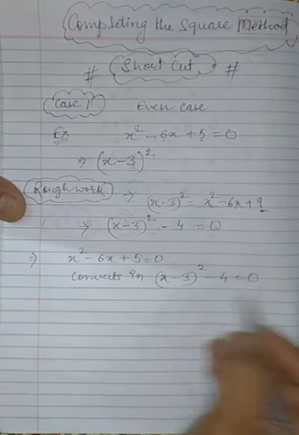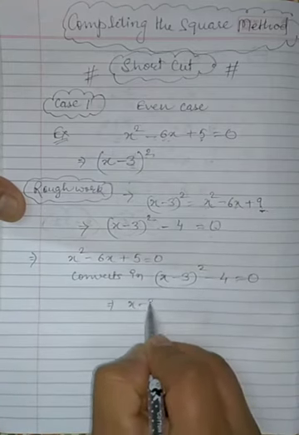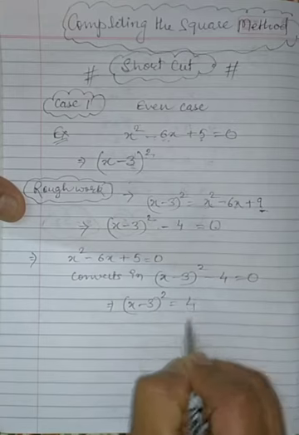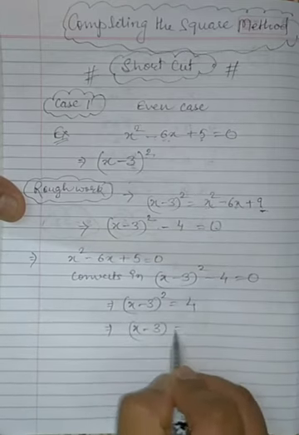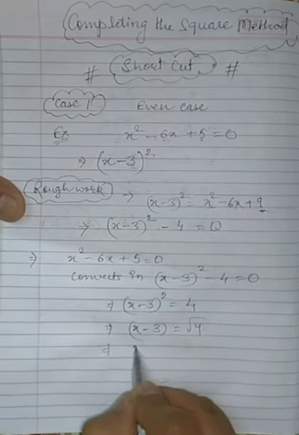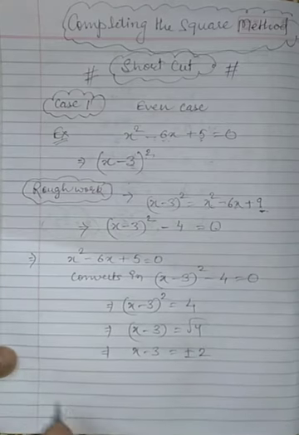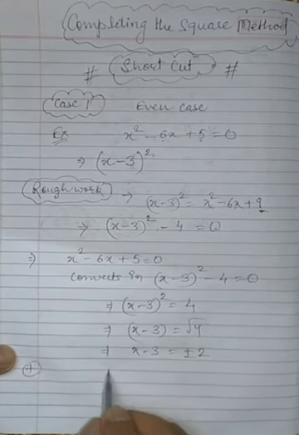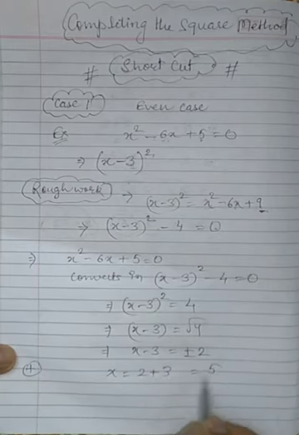Okay, and then you can solve it by transposing 4 to that side. So x minus 3 the whole square equal to 4. So x minus 3, if you are removing the square, it will go under root. So x minus 3 will be equal to plus minus 2. If you take plus sign, x will be equal to 2 plus 3, which is 5.